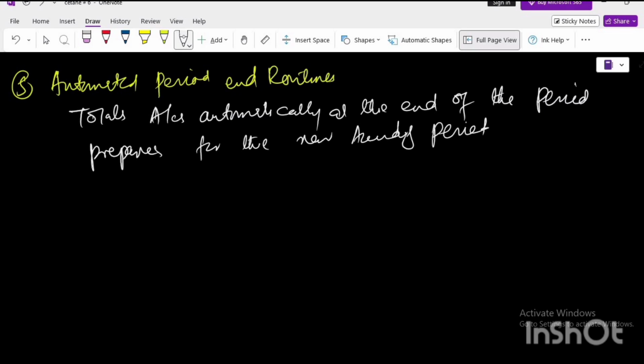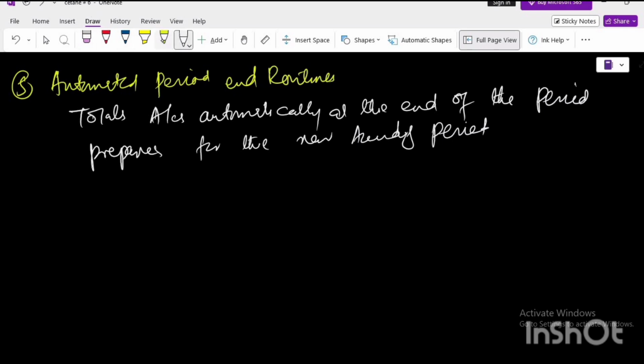So accounting software automatically handles these tasks. It totals all the accounts and ledgers. It opens the next accounting period so you can continue recording new transactions. It also posts necessary entries between the main ledger and other ledgers to show what happened during the period. So this saves time and ensures accuracy in financial reporting.